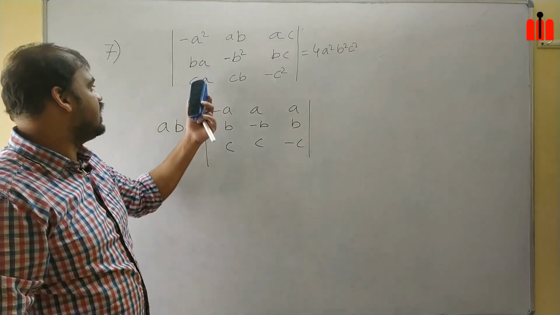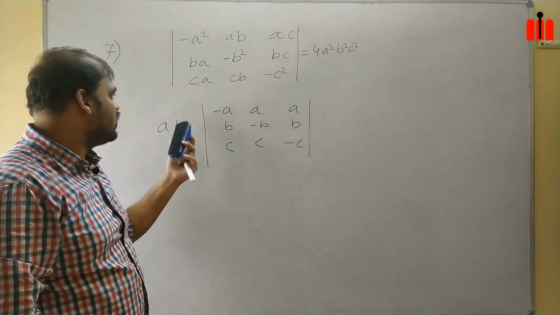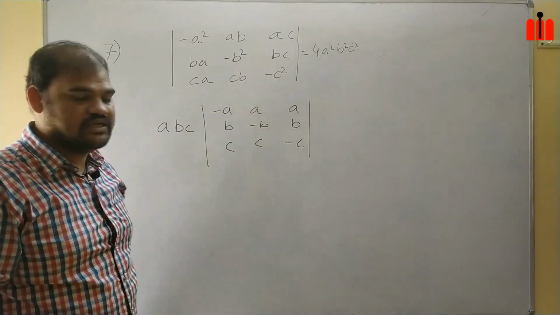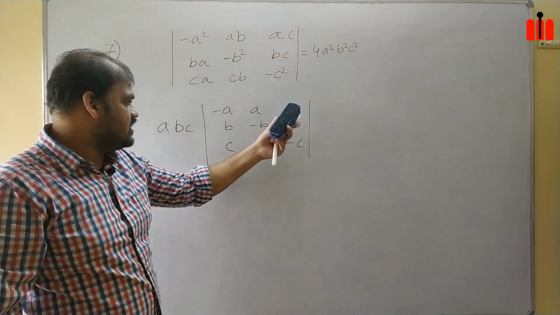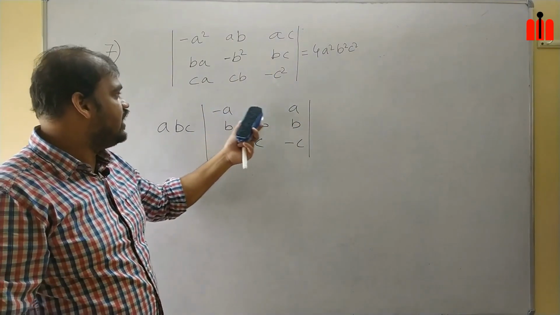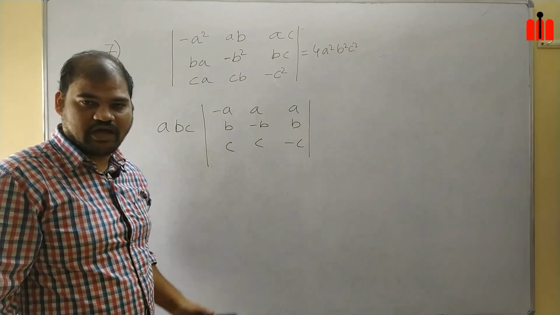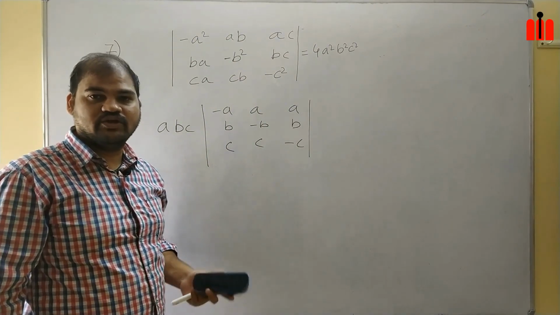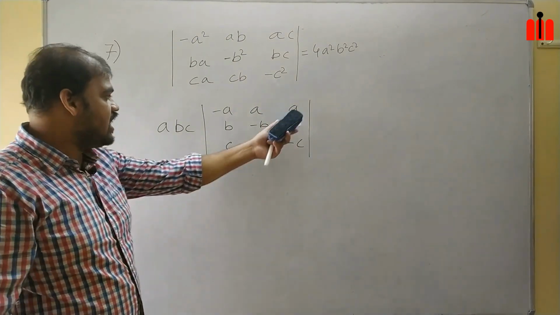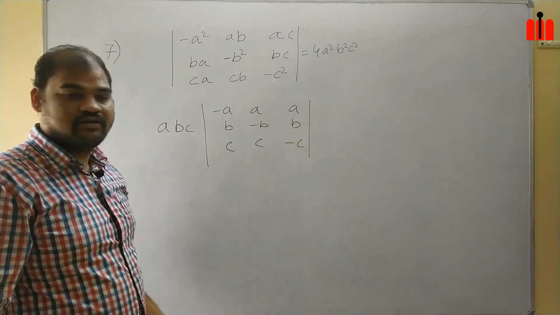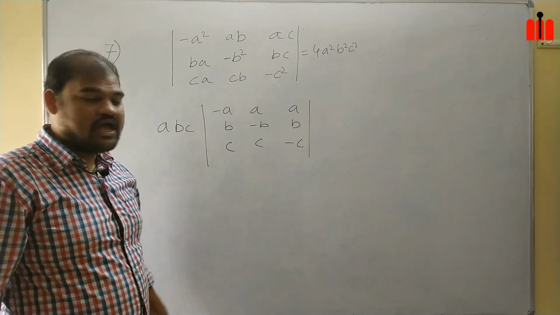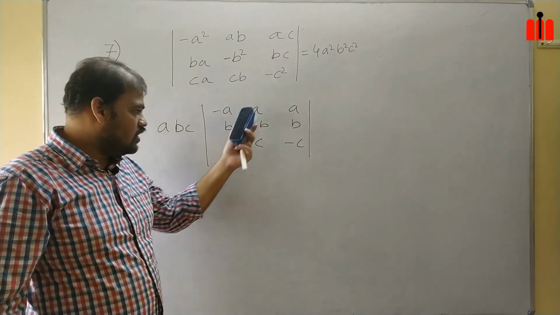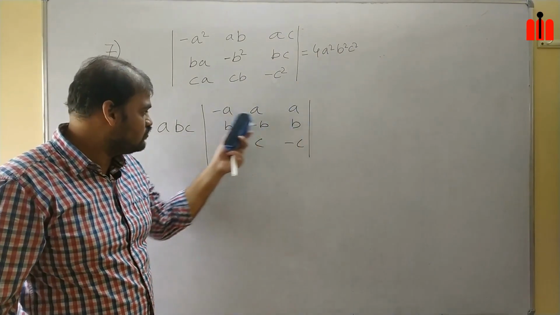Okay, what I have taken? I have taken a common, b common and c common from each and every column. Now I can see why I had done that, to get a in R1, R2 and R3, so it will become simple. Now again I will take a common from R1, b common from R2 and c common from R3. Earlier we took from columns, now we will take from rows.